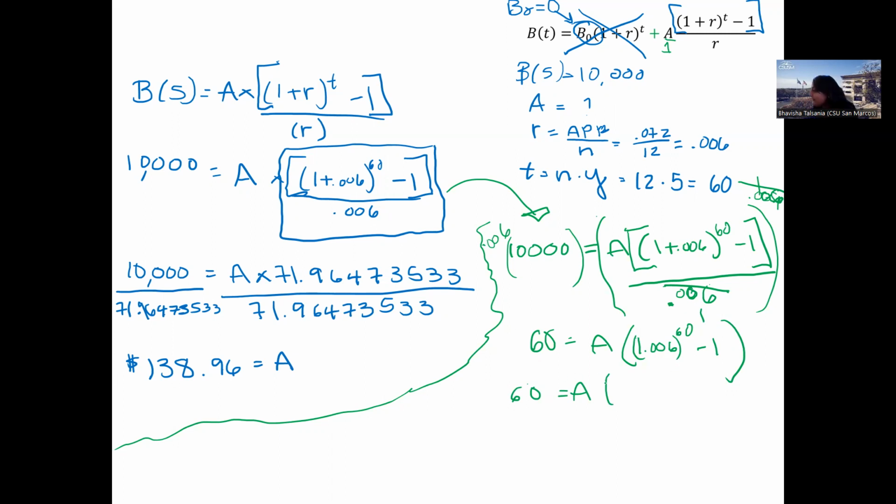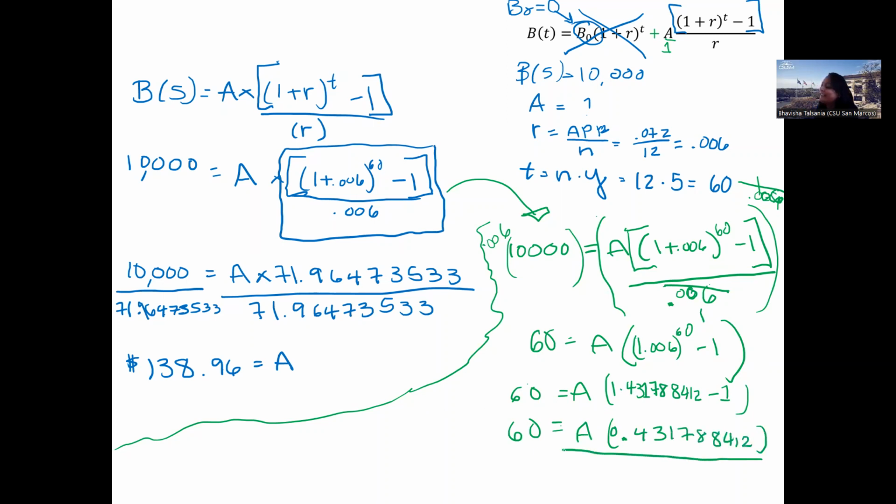You should have gotten something like 1.43788412 minus 1. And so I get 60 is equal to A times, remember I'm subtracting 1, so times 0.4317884112, which again looks like a funky number, but you're just going to divide it.